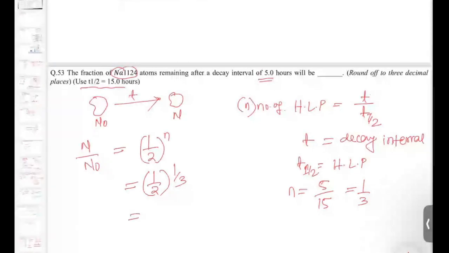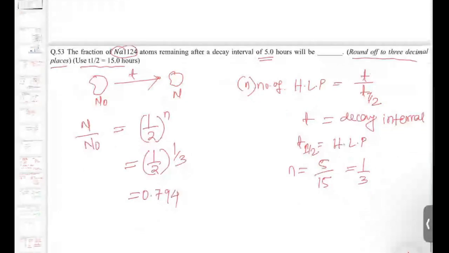Just one thing, you have to round off to 3 decimal places, so it should be nearly equal to 0.794. Is everyone getting this? Yes, sir. Yes, it will come like this. You will get a range there, and you have to write the answer within that range. So it should be equal to 0.794.